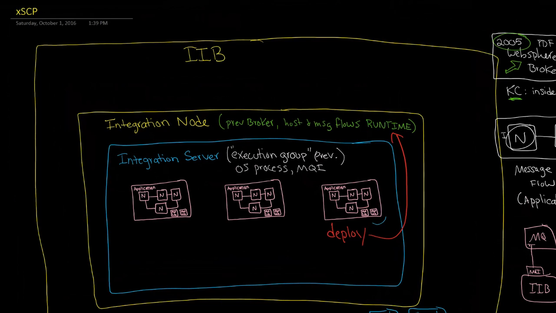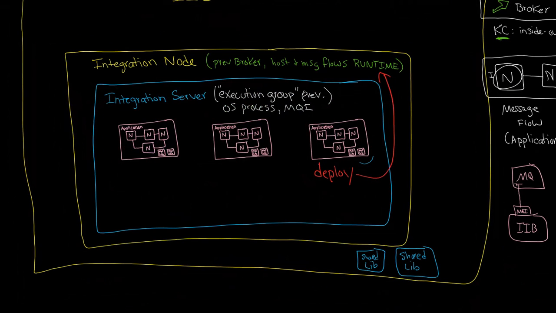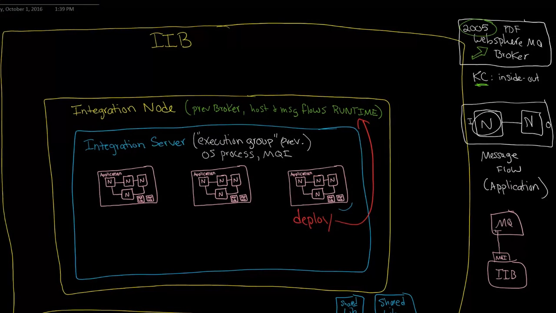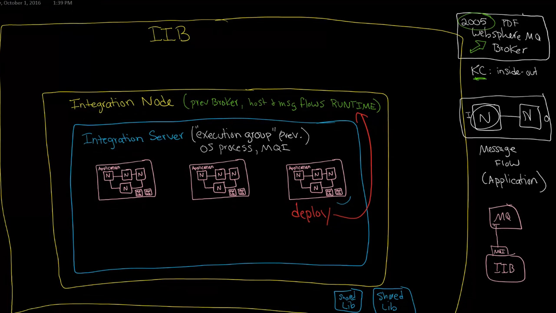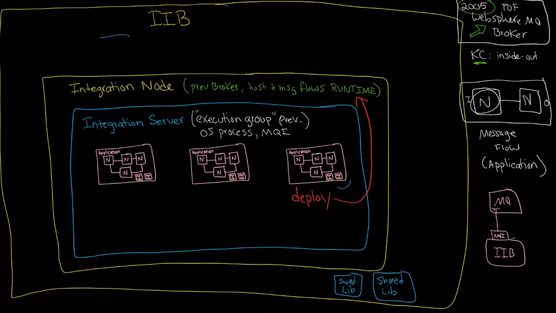So that's important. Now, another thing to keep in mind, and we haven't seen this yet, is that there are components that live out here, in this area here. And those components, depending on what they are doing, are essentially connecting into the integration node. So you can have a component here, and a component here, and a component here.